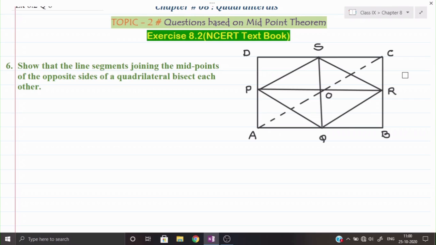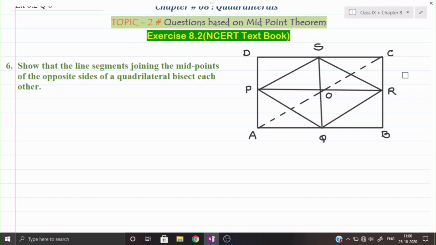AB and CD are two opposite sides, so their midpoints are Q and S. If you join those two points, it becomes line QS. Similarly, if you join the midpoints P and R, it becomes line PR. So PR will bisect QS and QS will bisect PR. In short, we need to show OS is equal to OQ and OP is equal to OR. Clear? So how can we prove it?